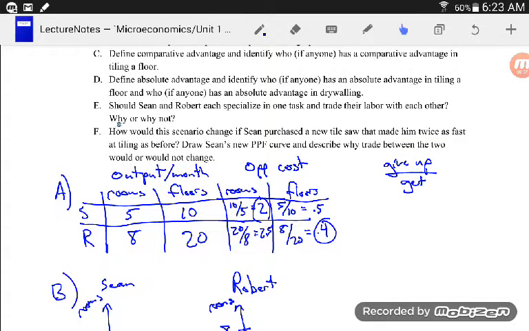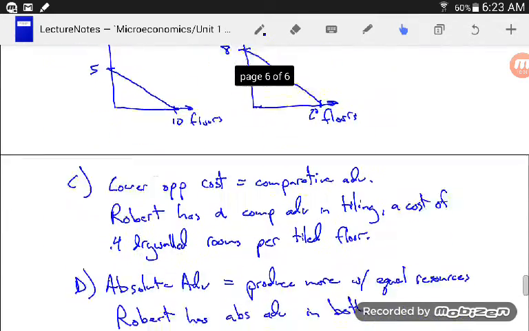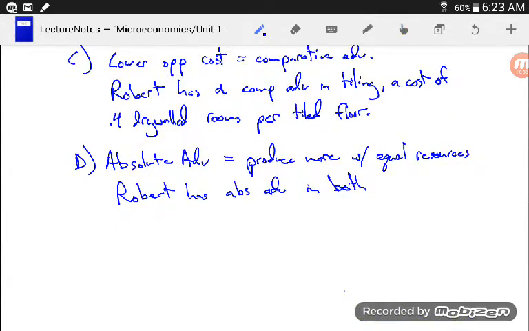Should Sean and Robert each specialize in one task and trade labor with each other? And the answer to that, of course, because there is comparative advantage. Because of comparative advantage, they should specialize in trade, because they can both be better off.